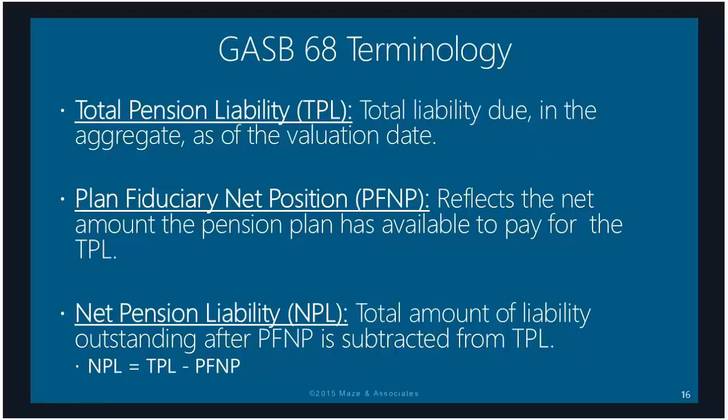As you can see with the calculation at the bottom, NPL is equal to the total pension liability minus the plan fiduciary net position. In the example, your total pension liability is $10 million. You set aside $4 million in plan fiduciary net position. You're left with $6 million in your net pension liability.